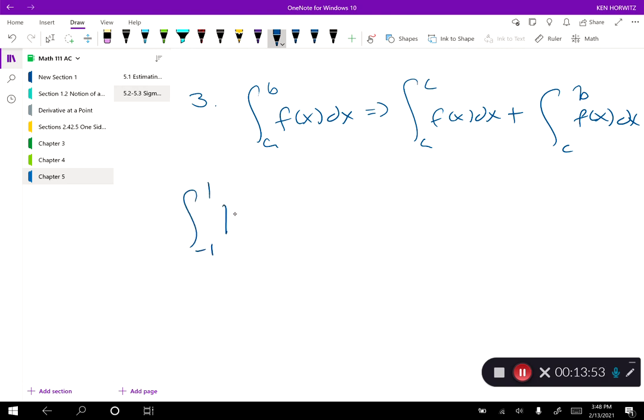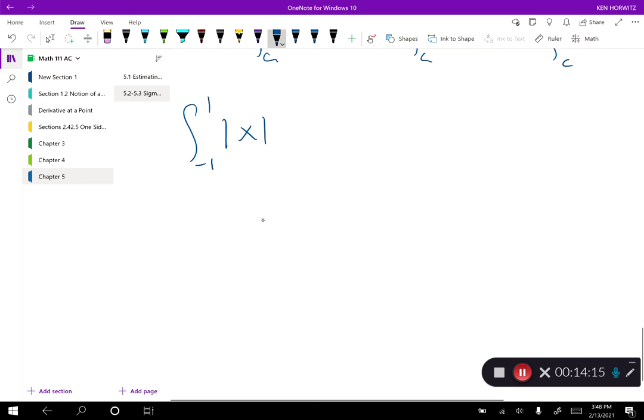So let's take a look at the integral from negative 1 to 1 of the absolute value of x. Now the absolute value of x has a problem. And the problem basically is that in the interval that we're looking at, we do not have a smooth curve. Let's graph this just for a second before we start working.